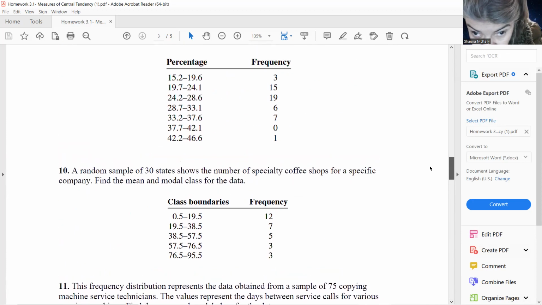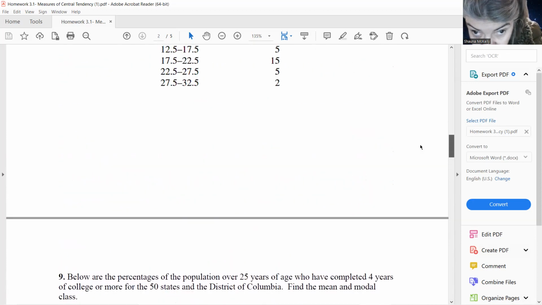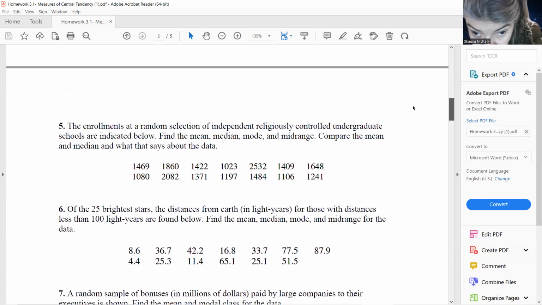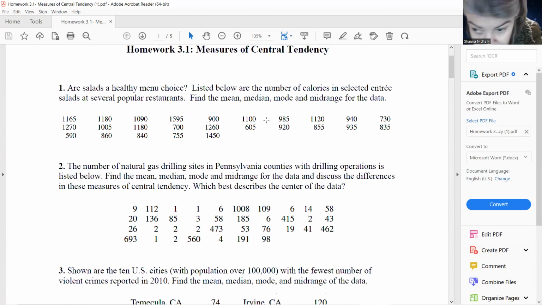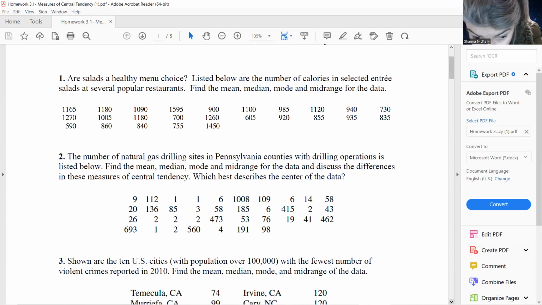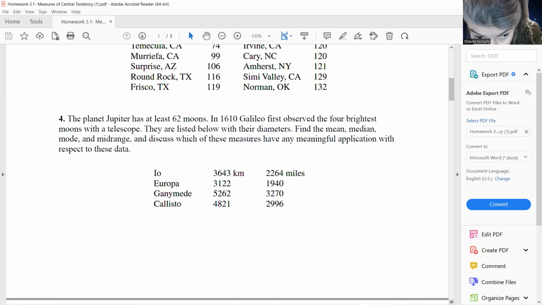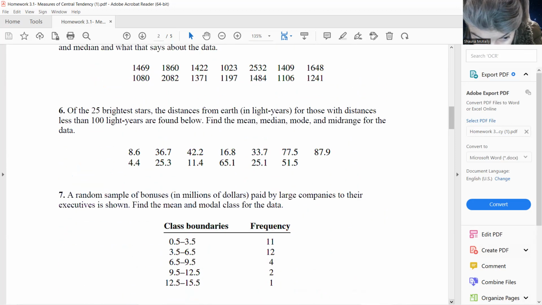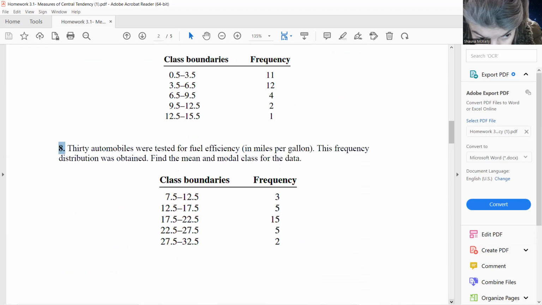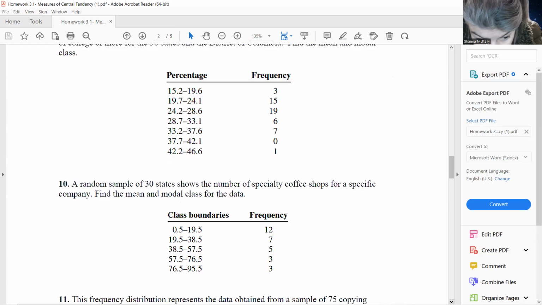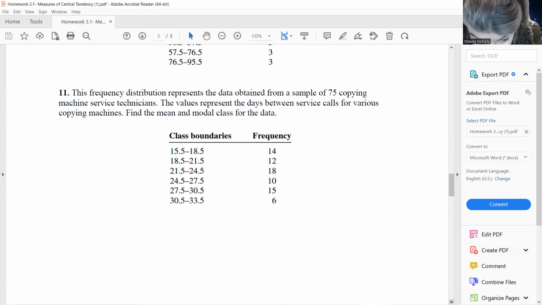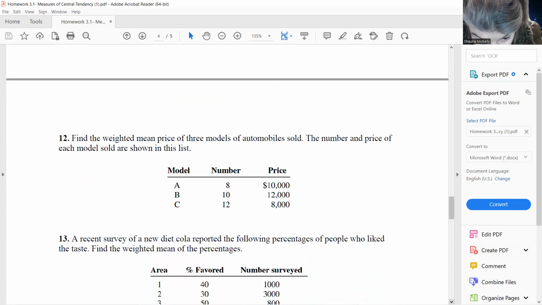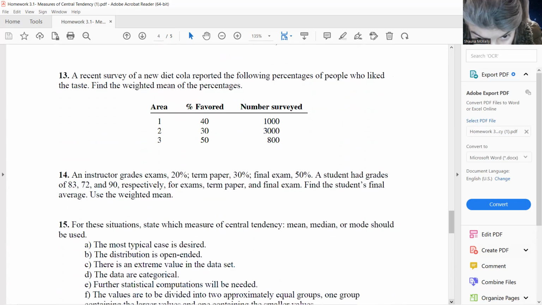This situation here. So the first 6, as I said, are ungrouped data. Okay. And they follow pattern number 1. The second group, 7, 8, 9, 10, and 11 are grouped frequency distributions. They follow number 7. 12 and 13, we did 12 together, we did 13 together.